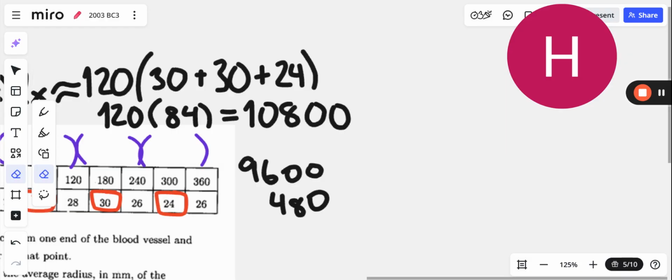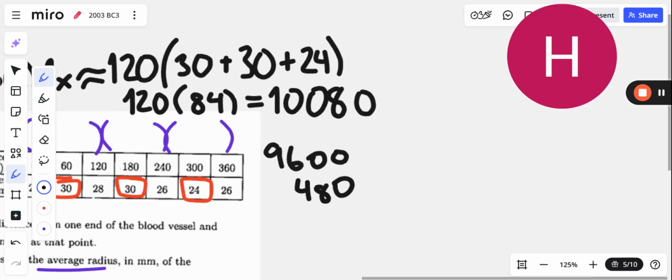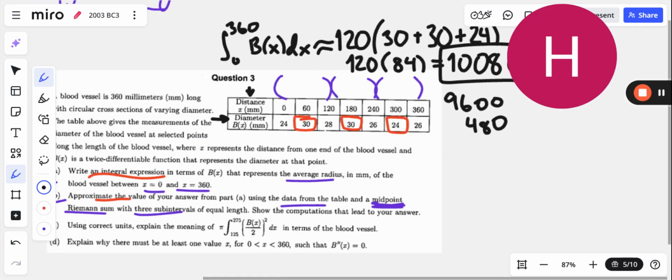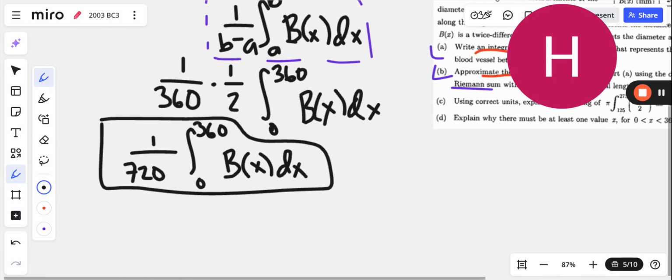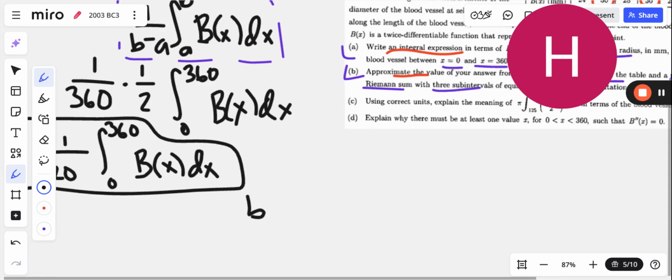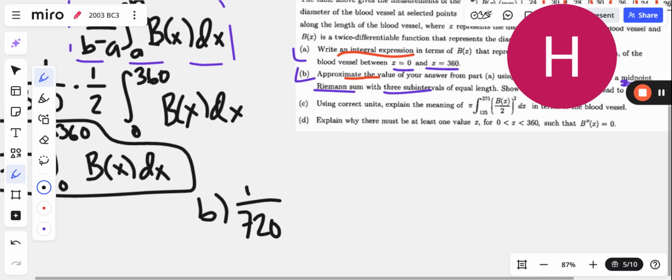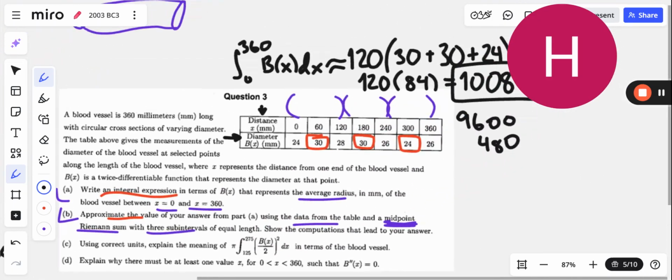We're going to have 10,080. It's a good thing I checked that. I wasn't fully confident about that. Yeah, right. Okay, because 960 plus 48 is 1,008. Got it. So this is the integral in terms of the diameter, but we need to plug that in here. So for part B, I'm going to say we need 1 over 720 times, what did we just get?